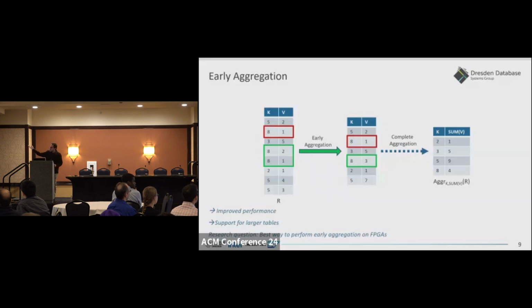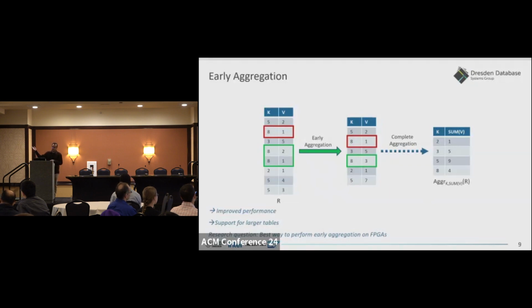So here, the two rows with key 8 that are in the green box are aggregated together. But the one in the red box is not aggregated, and that's because it's not a neighbor of the ones in the green box. And that is okay, because later on, we still have full aggregation come and finish the job. So it does the sort and the merge and the aggregation later on.